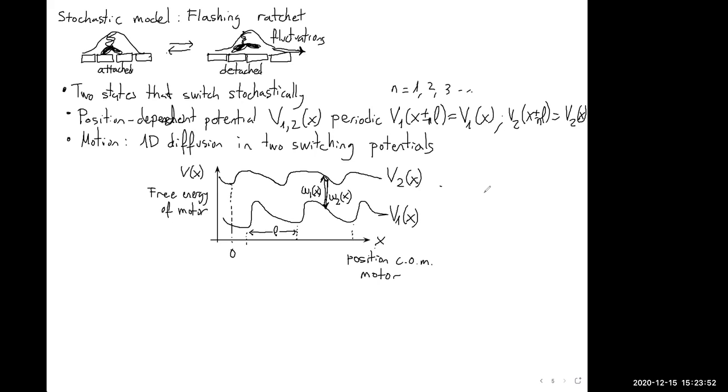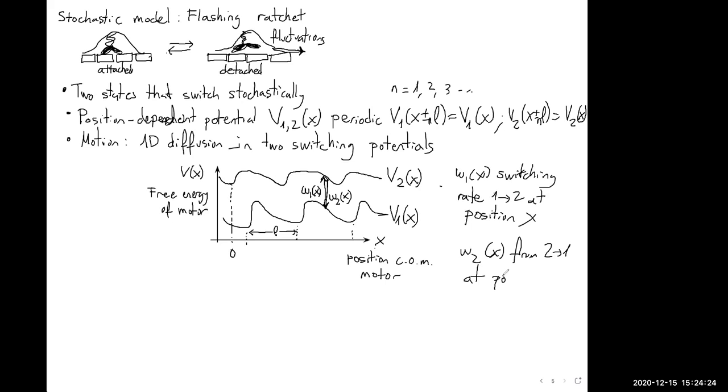Omega 1 of X is the switching rate from 1 to 2 at position X. And omega 2 of X will be from 2 to 1 at position X. Okay?